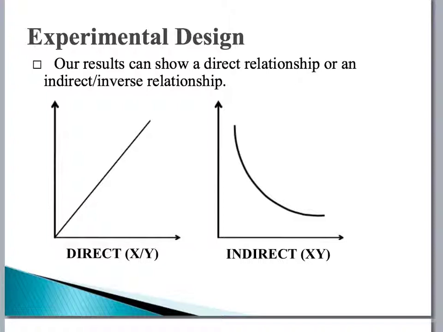When you have an indirect relationship, you could either have the bowed relationship you see there, where it does not create a straight line, or you could also have where it's kind of scattered all over the place. And if it's scattered all over the place, your test is probably not a really good test for what you're running. So you want to be careful when you get a result.